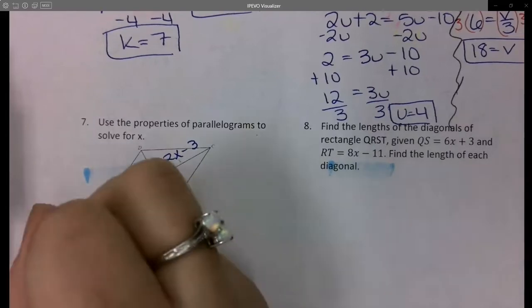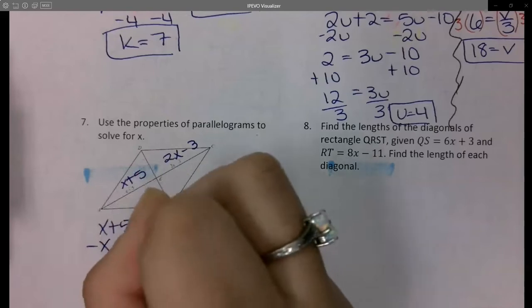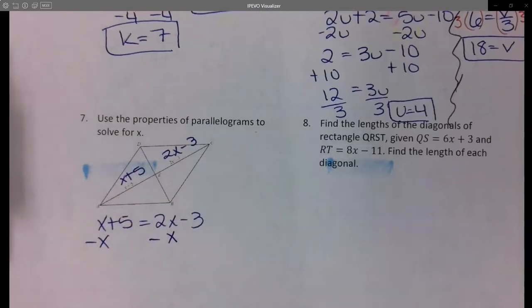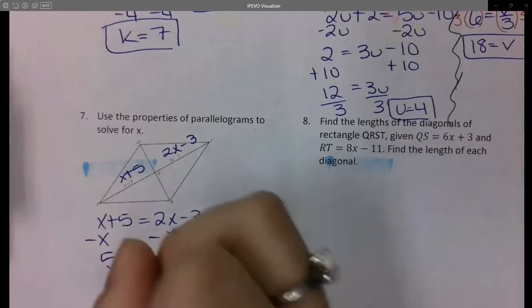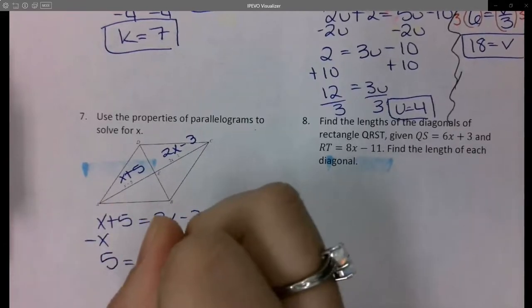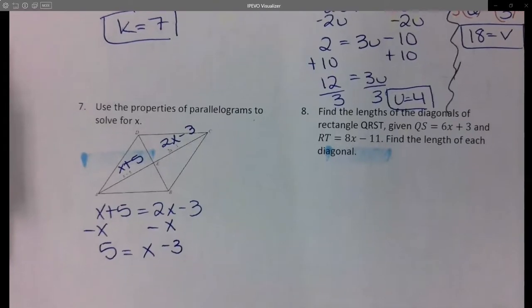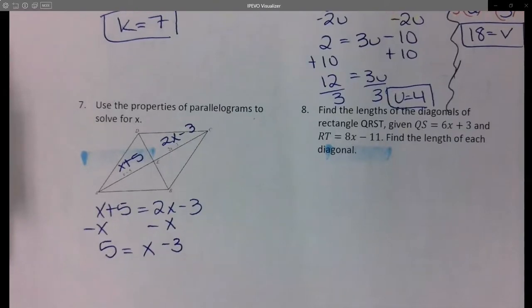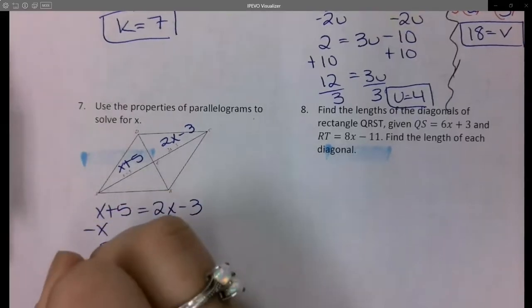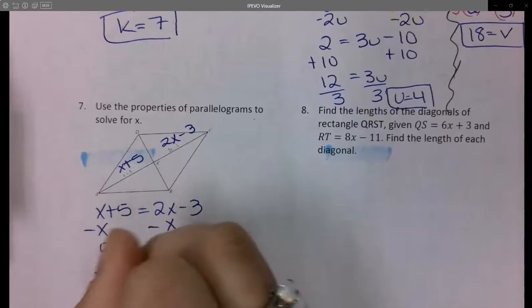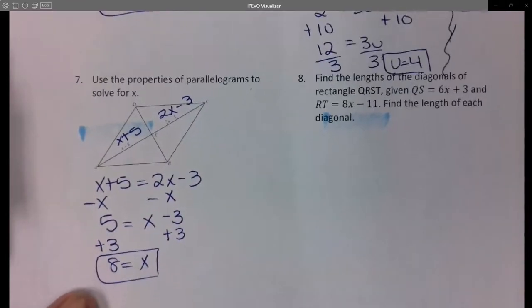Then I want to get all of my variables on the same side. So I'm going to subtract x on both sides. That gets me 5 on the left. 2x minus x gets me just regular x, minus 3. Then I want to go ahead and add 3 to both sides, which gets me 8.